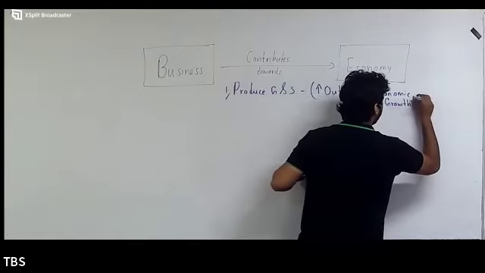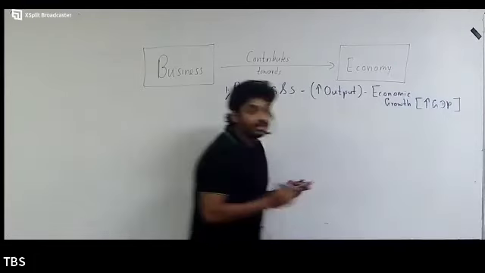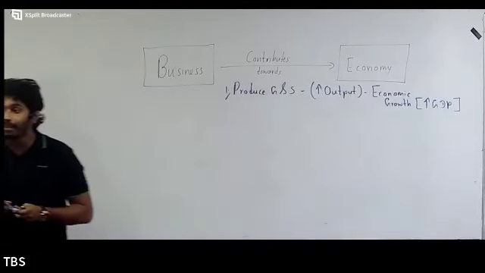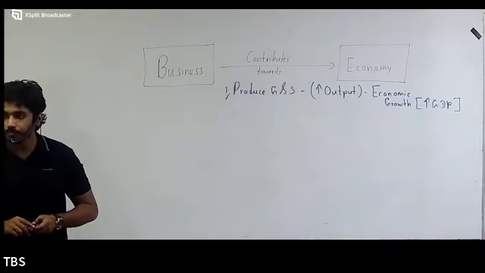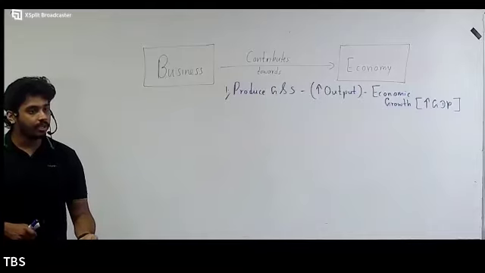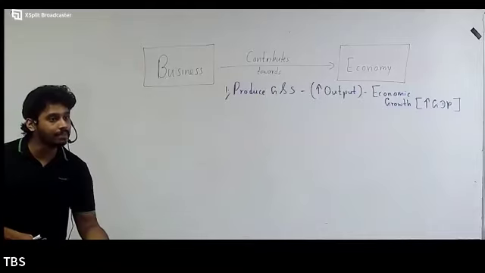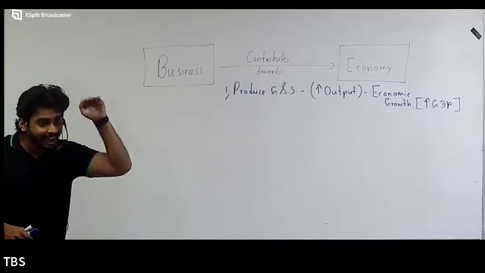In other words, increase in GDP, right? GDP. The technical term is what, guys? Gross domestic product, GDP, right? Narendra Modi is talking about the fact that India's GDP has increased. What does it mean? Economic growth. What is economic growth? Increase in output.